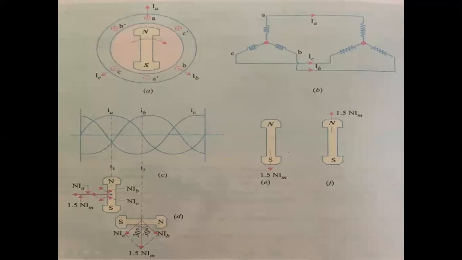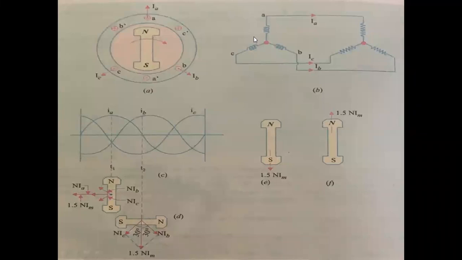This ampere turn or MMF wave is concentrated, and the number of turns per phase is capital N.